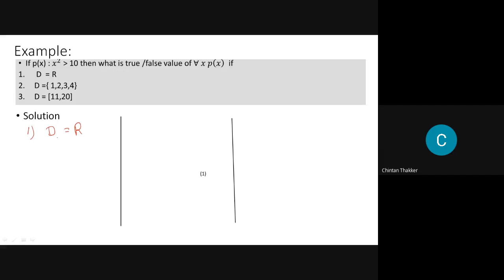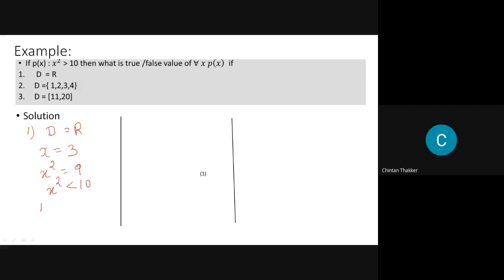So this way we can find the value of for all x P(x). For the domain R here, we take the value x equal to 3, then x square is 9, so x square is less than 10.